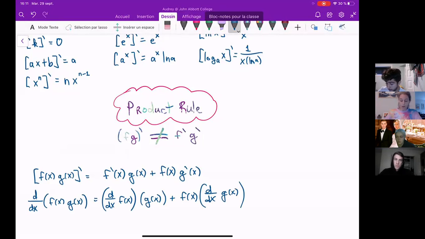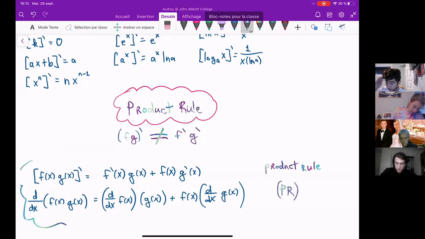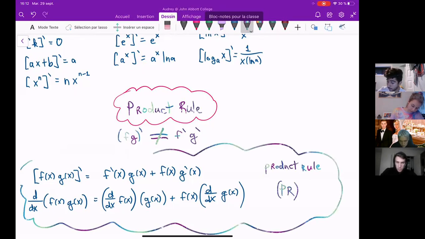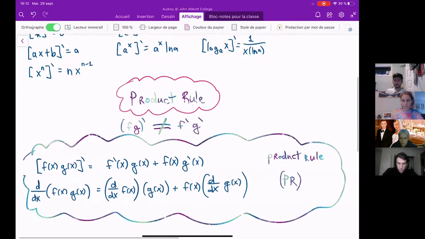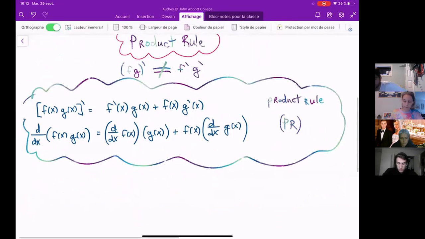So this is the product rule, heretofore known as PR. Let us apply the product rule.